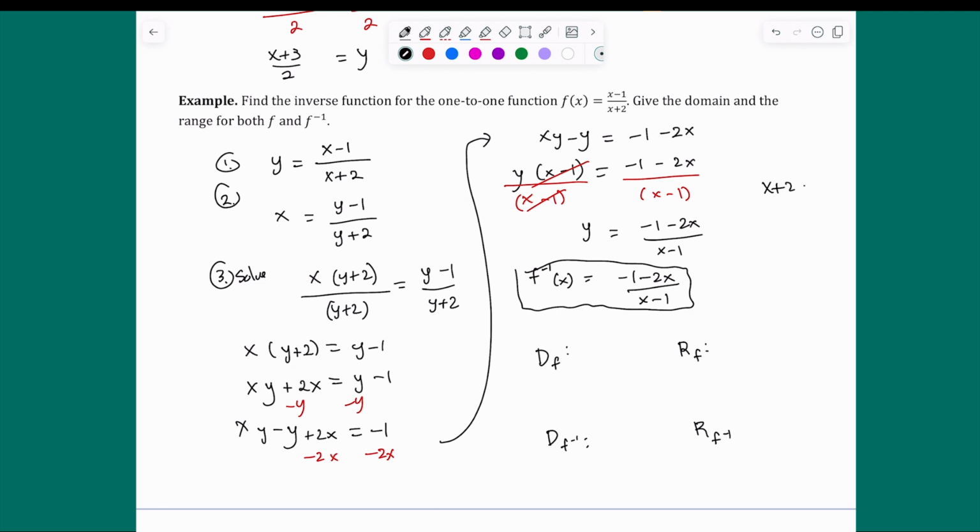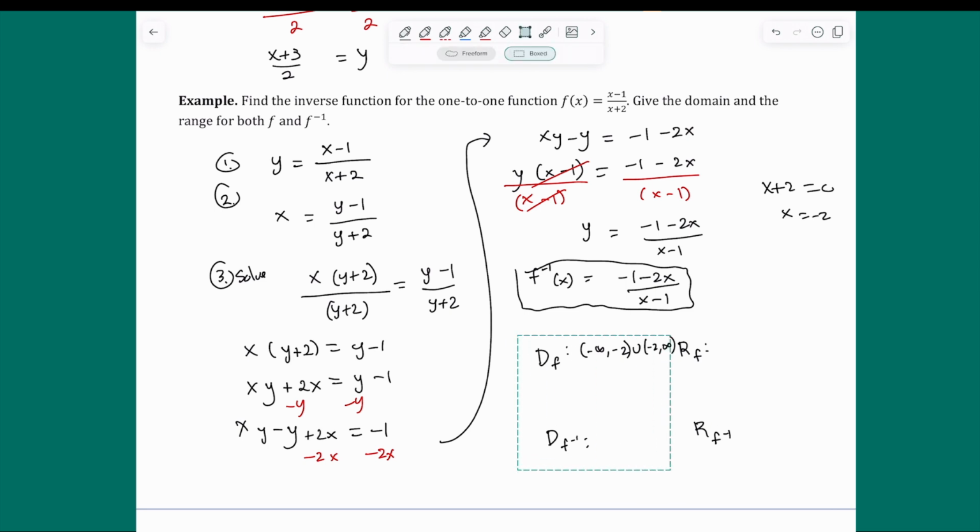When is x plus 2 equal to 0? It's 0 when x is equal to negative 2. So we need to exclude x values; it's basically all real numbers except for negative 2. In interval notation, we would have negative infinity to negative 2 union negative 2 to infinity.